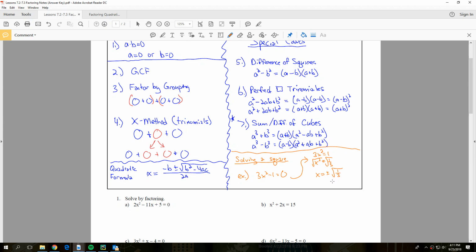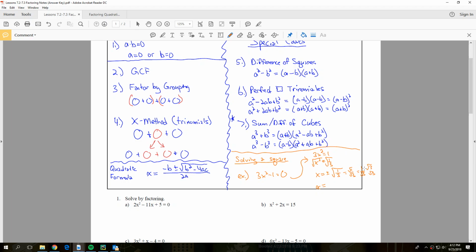Well, actually, maybe I should show you the process. What the heck, while we're doing it. So x is equal to, in this case, the square root of 1 over the square root of 3, which is equal to 1 over the square root of 3. And the problem is, I can't have a radical in the denominator, so I'm going to multiply top and bottom by the square root of 3.